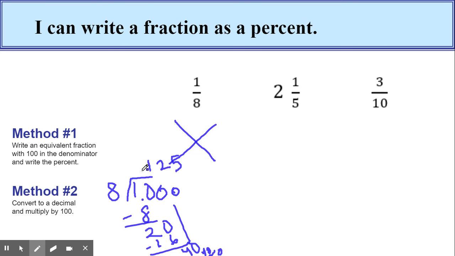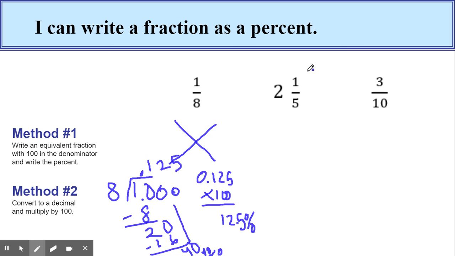So I'm going to shoot my decimal place straight up, and my decimal would be 0.125 or 125 thousandths. If I was going to convert that decimal to a percent, I'm going to multiply by 100. And by doing that, I would get 12.5 or 12 and 5/10%.